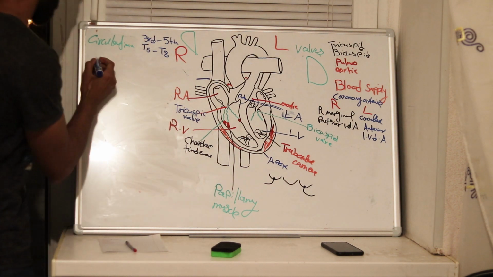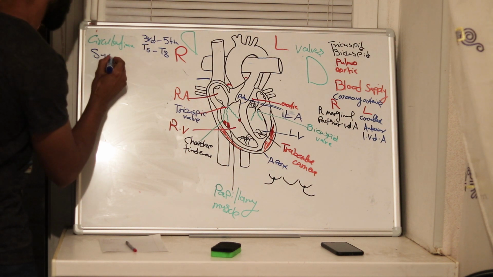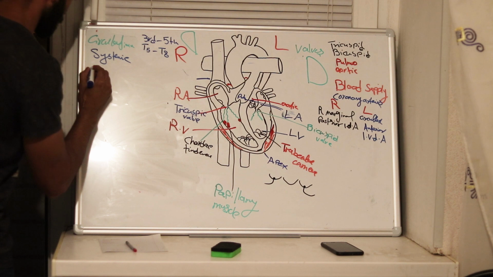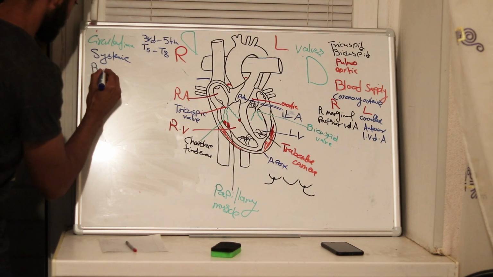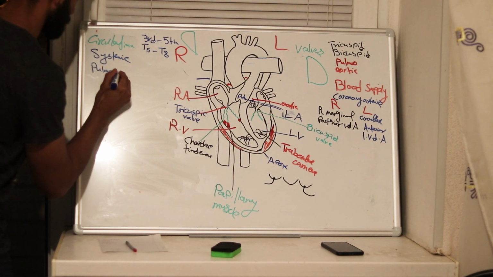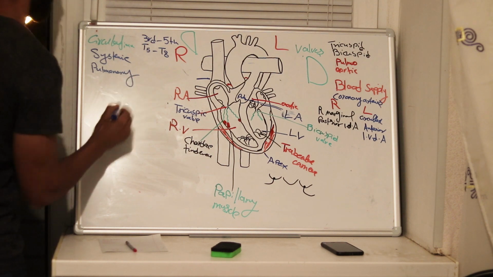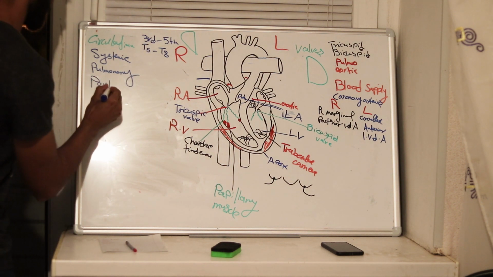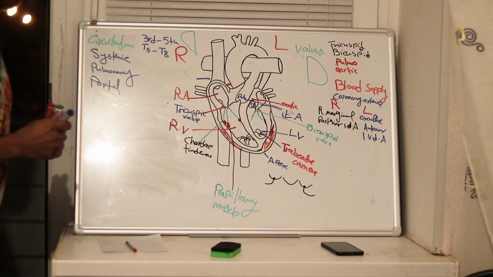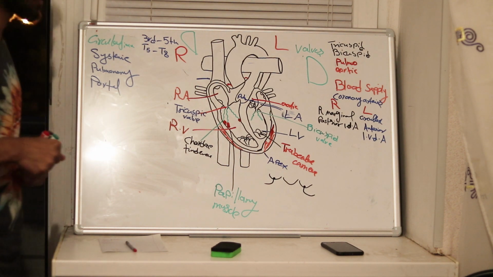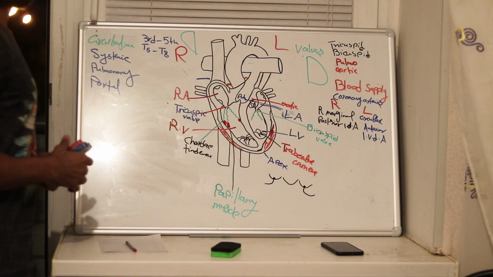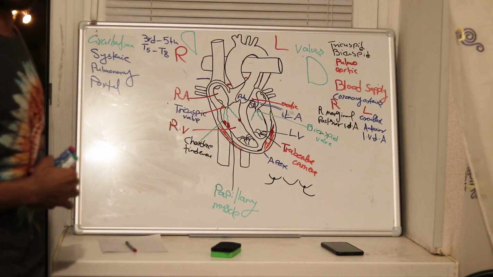The major one, which is systemic, and the minor one, which is pulmonary, and the third, which is portal. But in this video we're not going to get into the portal circulation. The most important are the systemic and pulmonary.